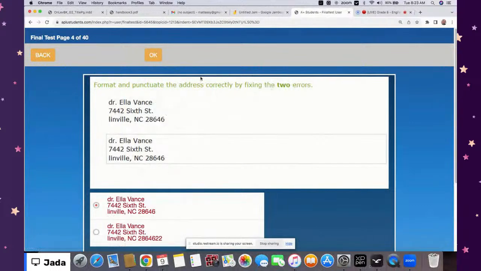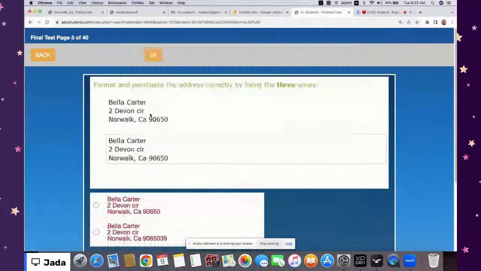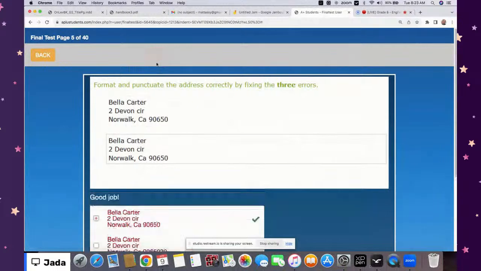The dr is in small letters, so you need to fix that. Then this is the city. The state needs to be corrected in capital, and you need a period after the street name. So yeah.